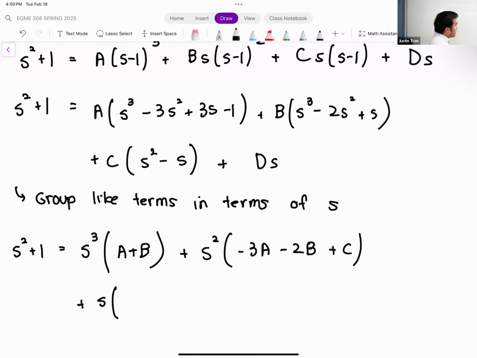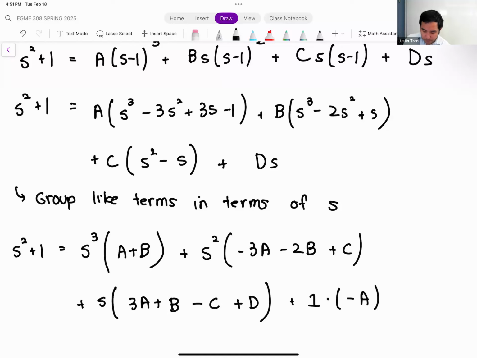And then for the s terms, for s by itself, we have 3a plus b minus c plus d. And then for the constant terms, we actually only have one, which is 1 times minus a.